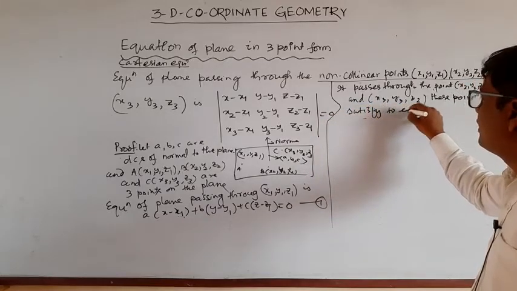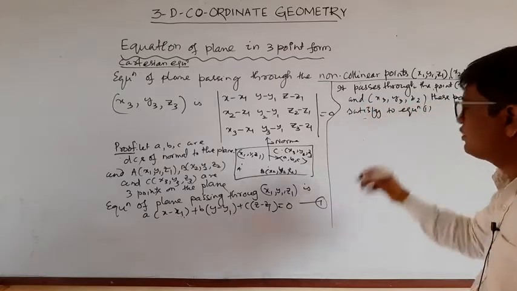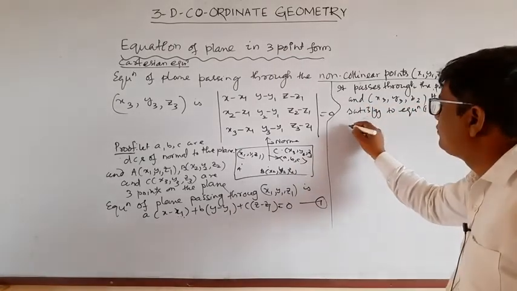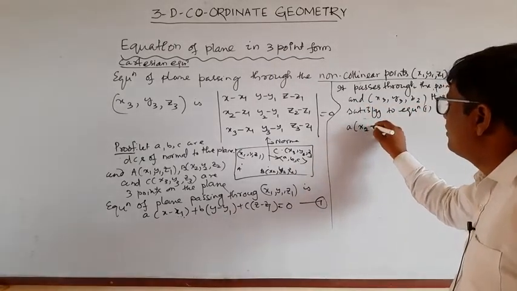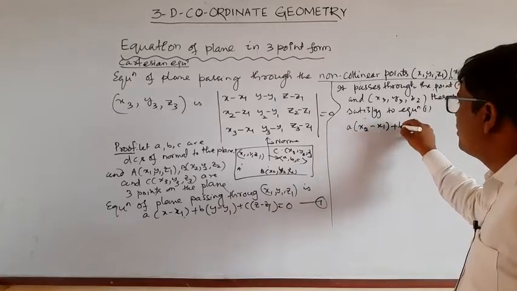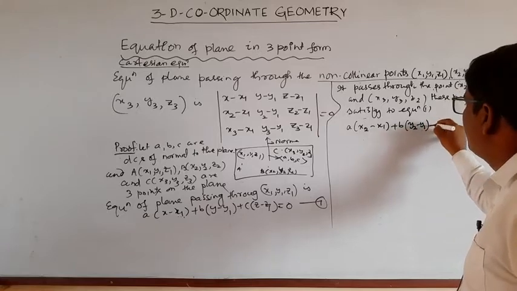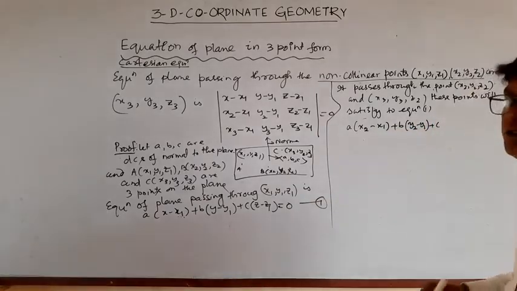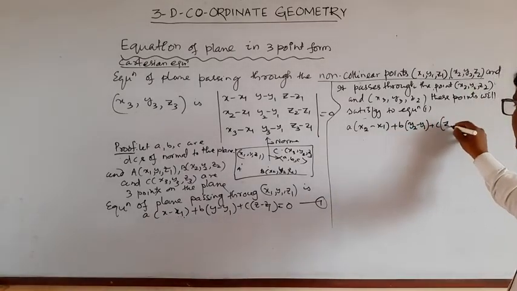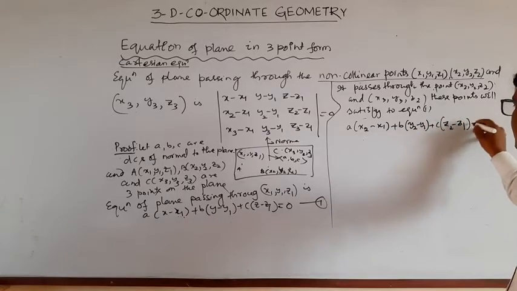That implies a into x2 minus x1 plus b into y2 minus y1 plus c into z2 minus z1 is equal to 0. This is equation 2.